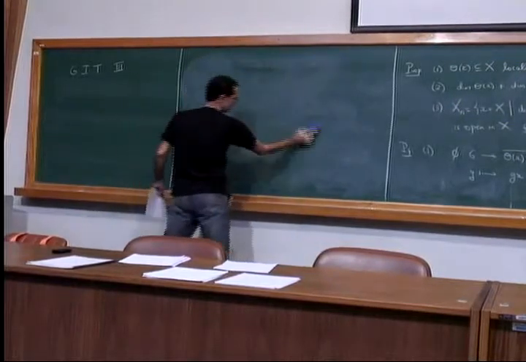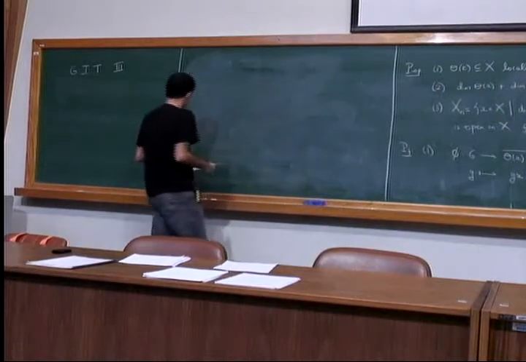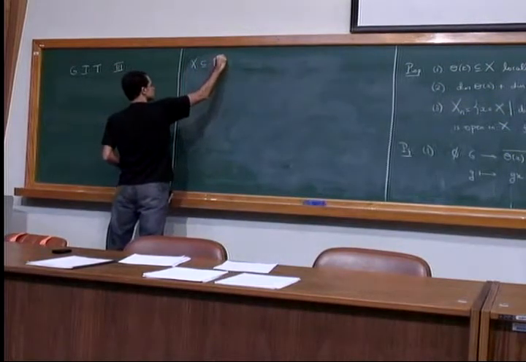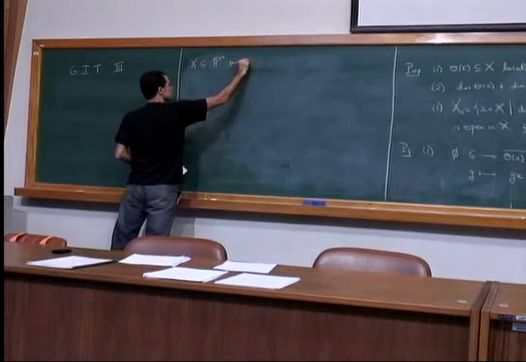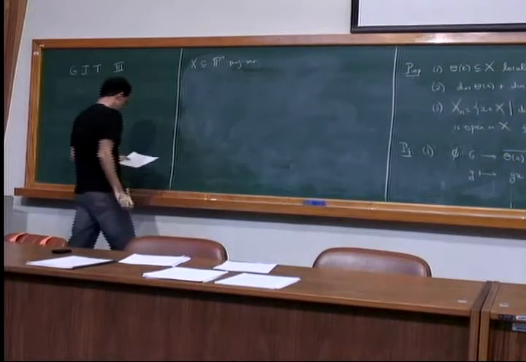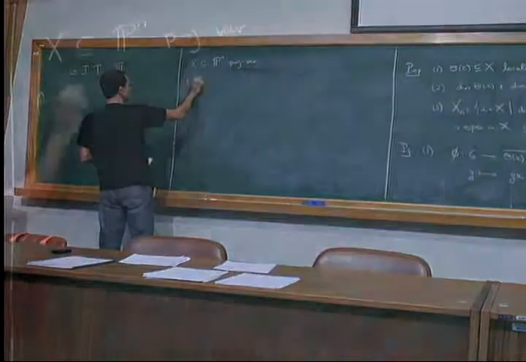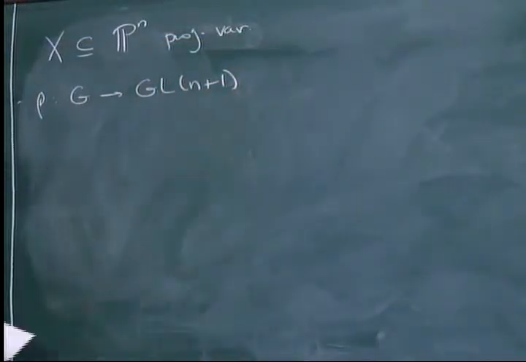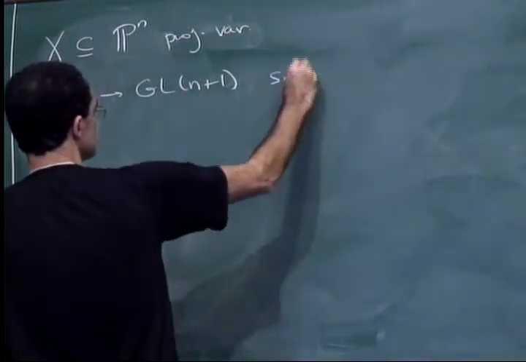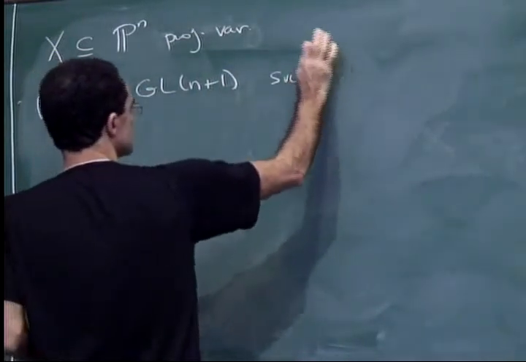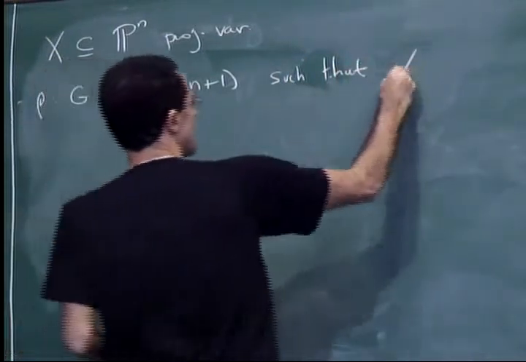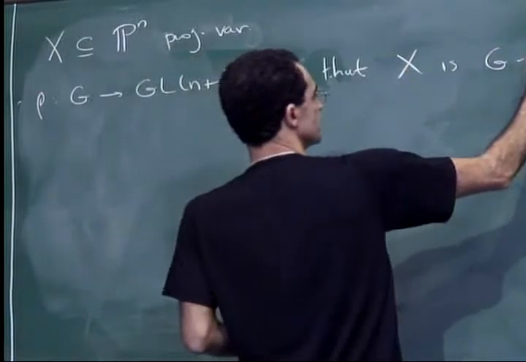of the last lecture. So I'm going to look at a projective variety. And I'll look at a linear representation of a certain algebraic group, such that X is G invariant.